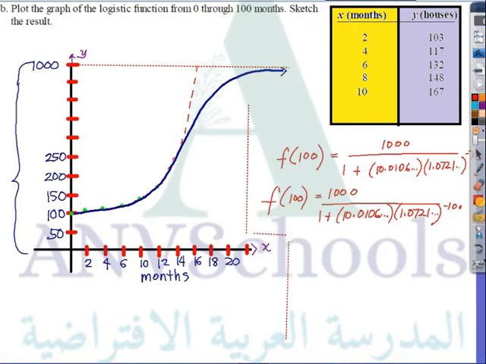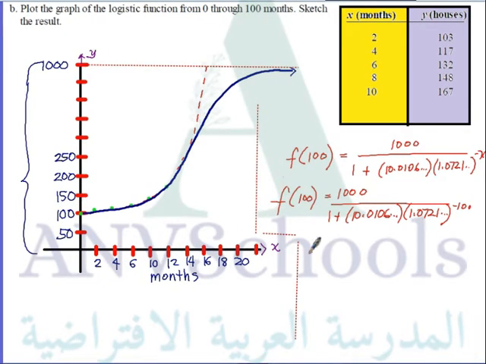let us find the value of f of 100. With the use of a scientific calculator, that's 1000 divided by 1 plus 10.0106 times 1.0721 raised to negative 100.